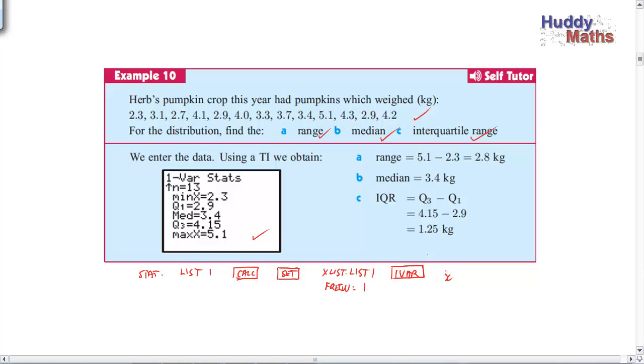You get X bar and so on, and then down the bottom here, min X, just like we've got up here for the TI. Okay, just remembering that calc function. Don't forget to set your calculator up to refer to whatever list you want it to calculate these values for. Okay, and then you can just read it off.